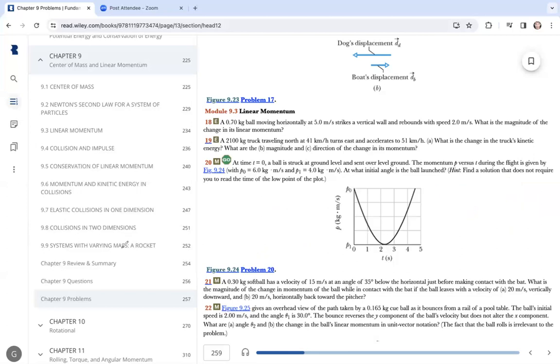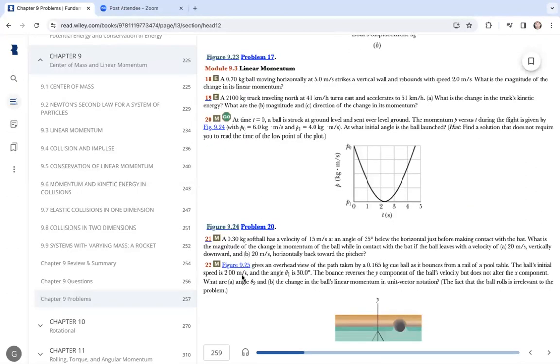And then finally, number 21. You have to find the change in momentum. So it seems like a softball has 15 meters a second at an angle 35 degrees below the horizontal.